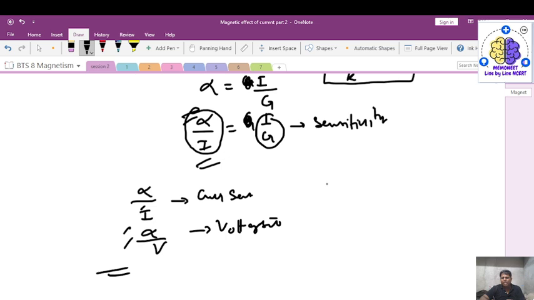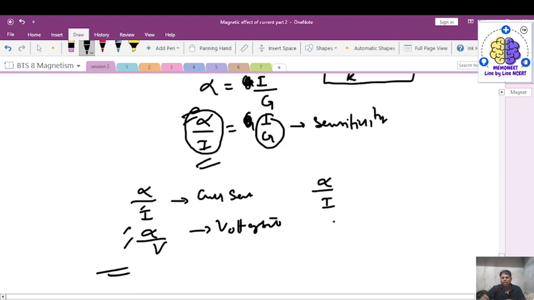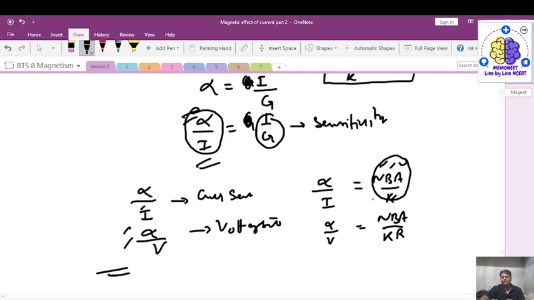If we see that it is current sensitivity or voltage sensitivity, both have N B A upon K, and here it will be N B A upon K into R. So the number of turns, B, A and K are the factors on which we can change the current sensitivity or the voltage sensitivity.